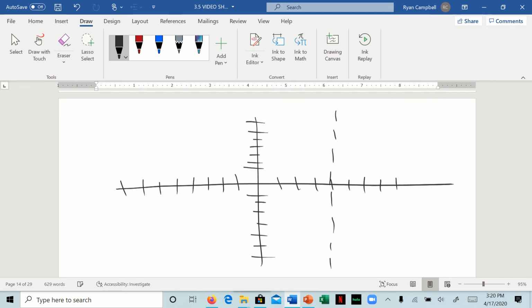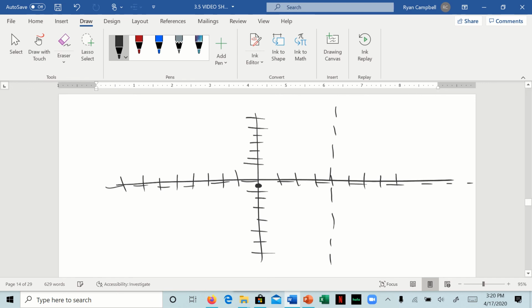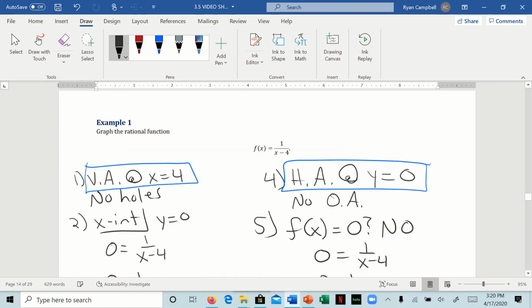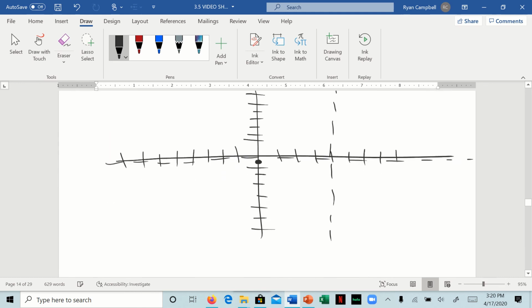And we had a horizontal asymptote at y equals 0. We also know that we have a y-intercept point at (0, -1/4). All right, so let's just start with, that's all we got, right? We don't have any other points. Those are the only 3 things we had.